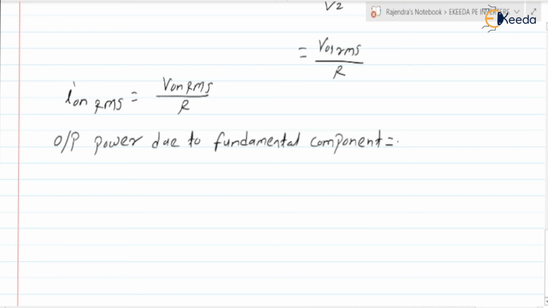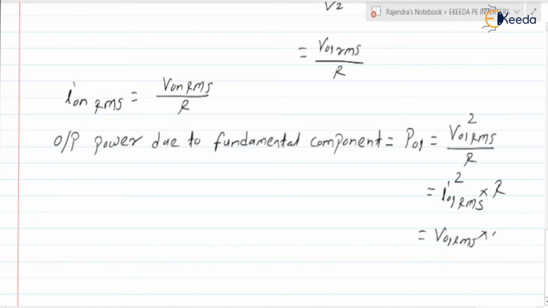If you check, P01 is equal to V01 RMS square divided by R, or which is equal to I01 RMS square into R, or which is equal to V01 RMS into I01 RMS. This is clear? This is the output power due to the fundamental component, right?